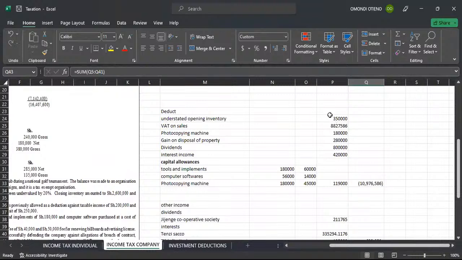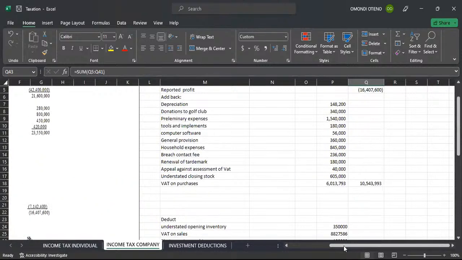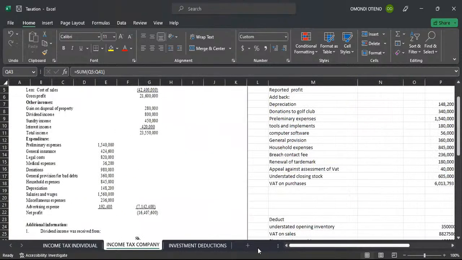That is what we have there as the taxable income.